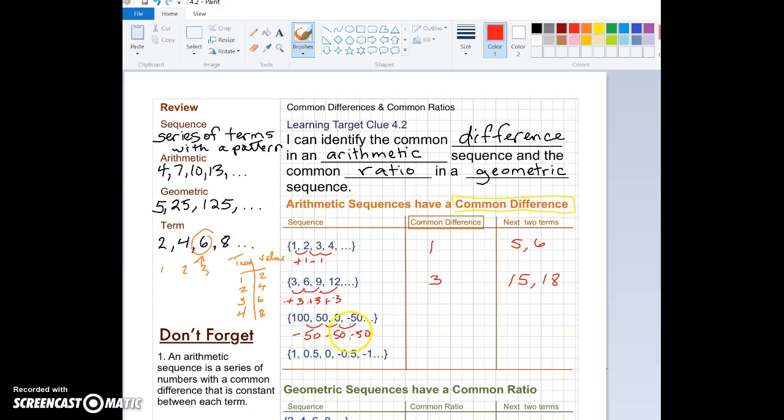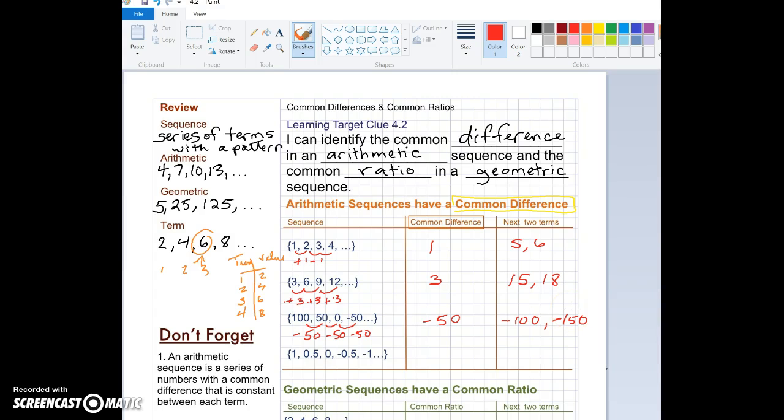So my common difference is negative 50. Now you go ahead and tell me what the next two terms would be. Well, if I subtract 50 from negative 50, I get negative 100. And if I take another 50 away from that, adding negative 50 to negative 100, I get negative 150.